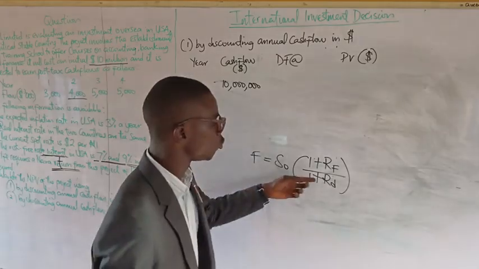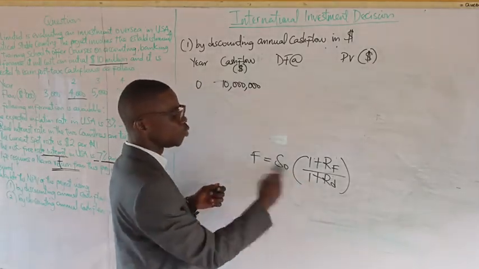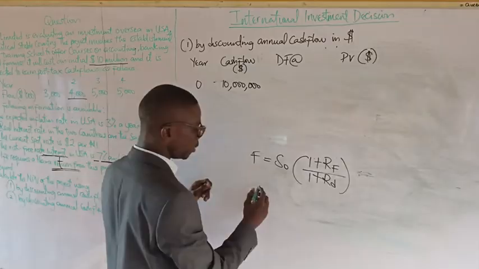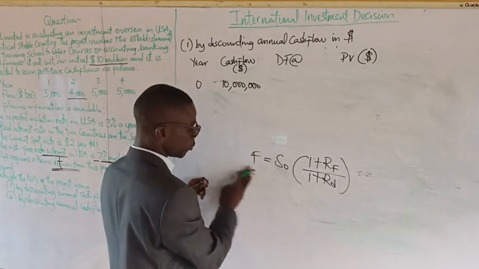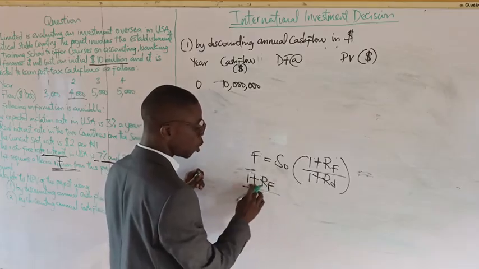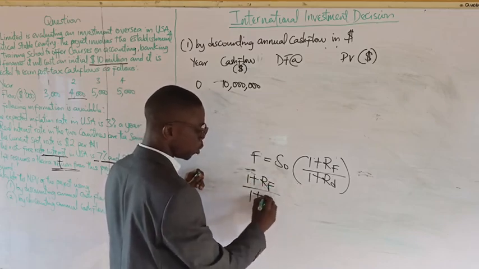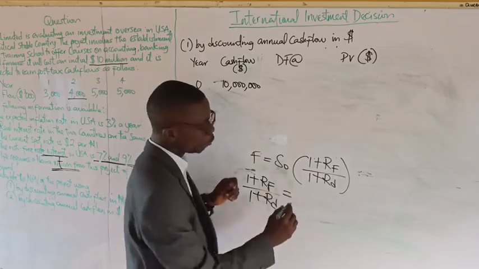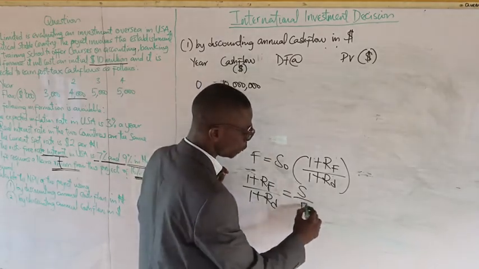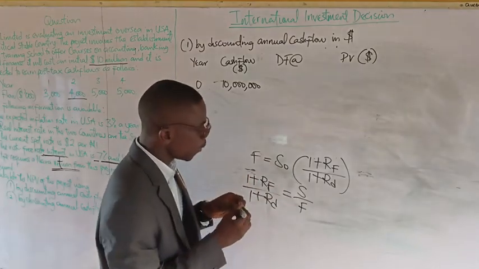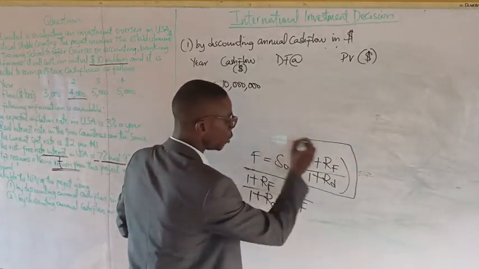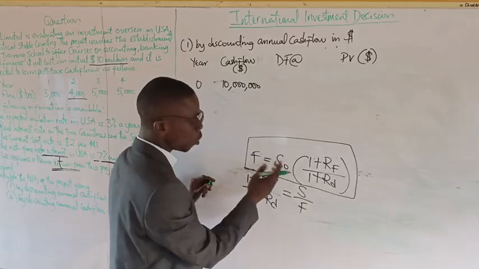So you will use it to solve it. You don't need to stress yourself looking for the subject of the formula. It means this formula is like this: 1 plus RF over 1 plus RD equals spot rate divided by forward rate. When you find the subject of the formula, it can be translated as this, and you can use this. I don't want to waste time, so let's use this.